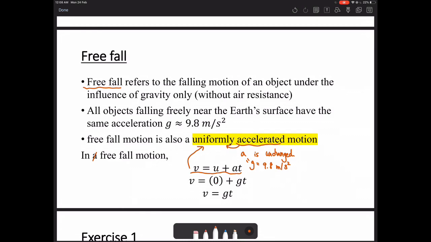So we substitute u equals 0. And in free-fall motion, our a is just small g, as mentioned. So we get this formula: v equals g times t. That is, our final velocity equals small g times time. This is our equation in free-fall motion.